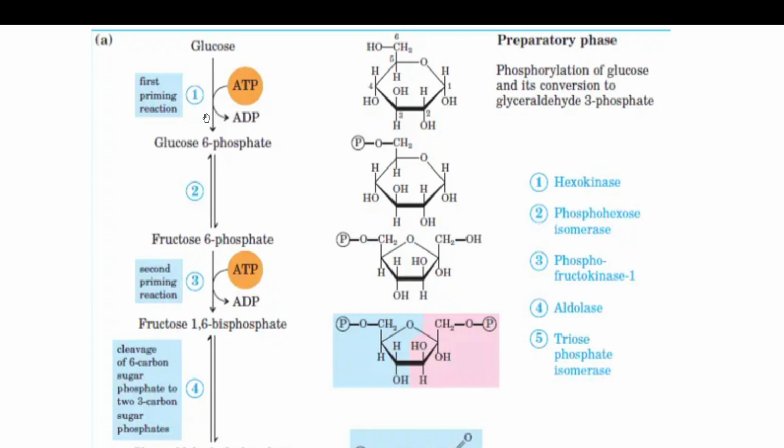This step is catalyzed by the hexokinase enzyme. Next, glucose 6 phosphate is isomerized to fructose 6 phosphate by the enzyme phosphohexose isomerase.